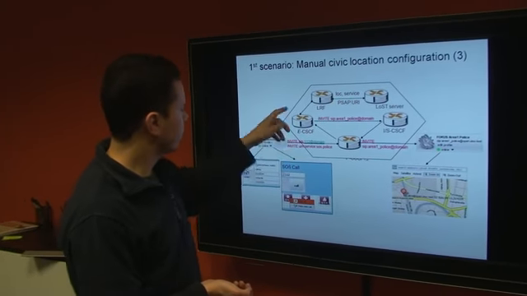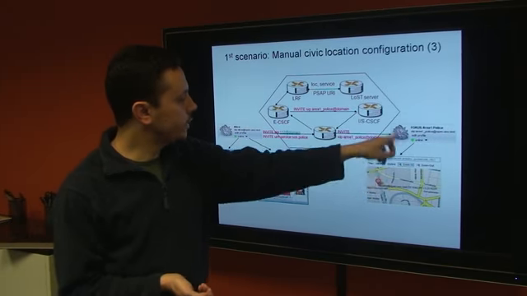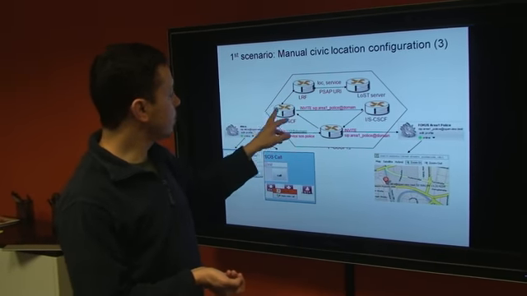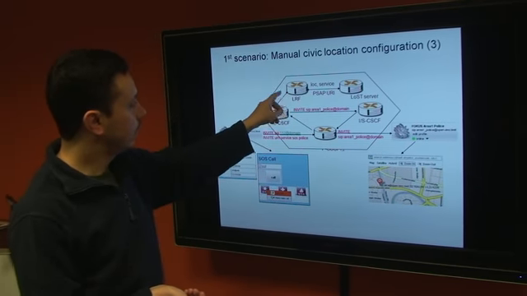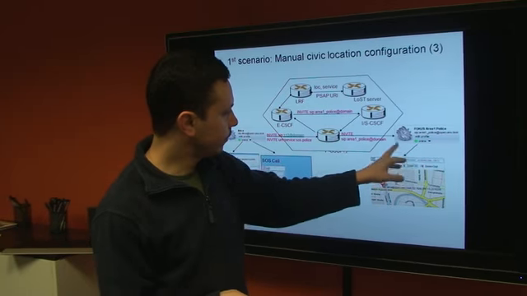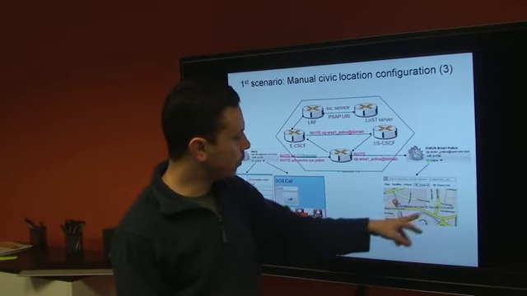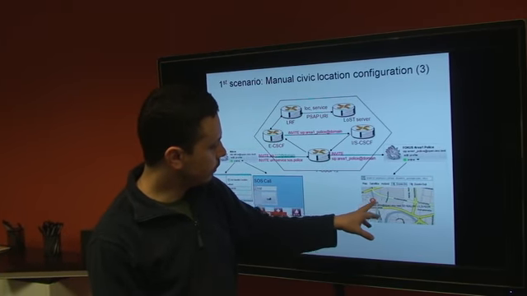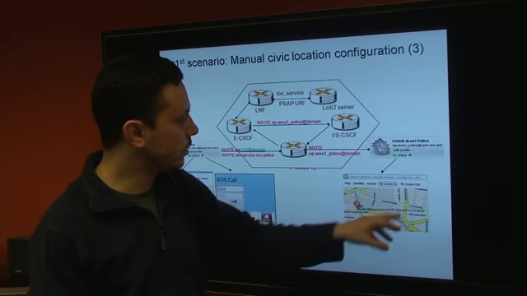This means that again the ECSCF will retrieve the SIP URI of the PSAP based on the location and the service, through the LRF component. Once this call is terminated, the location information of the caller will appear on the map. Here you see the SIP URI of the caller, and here you have the geodetic information.